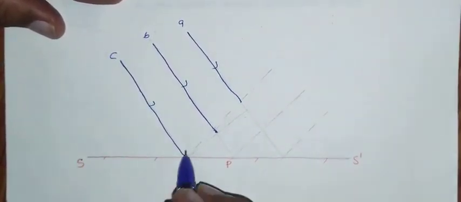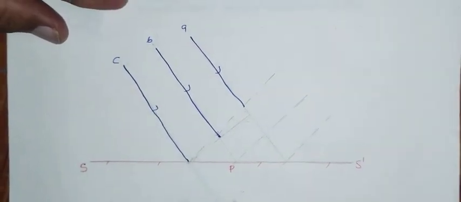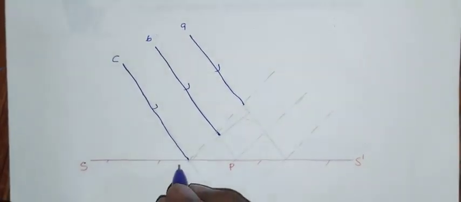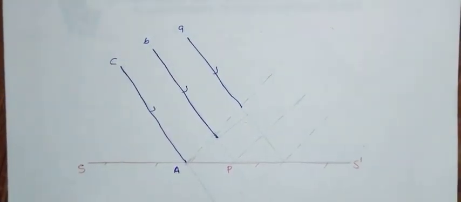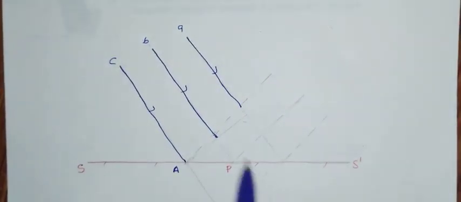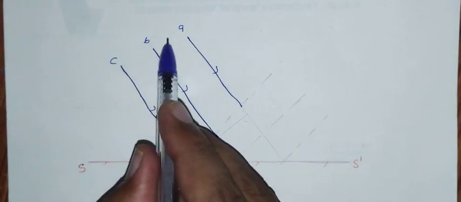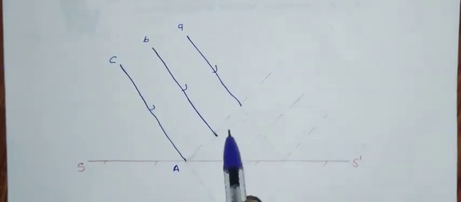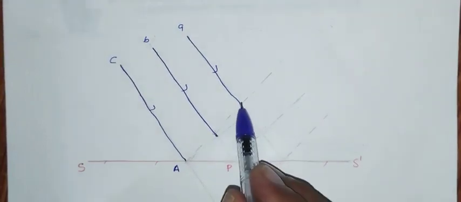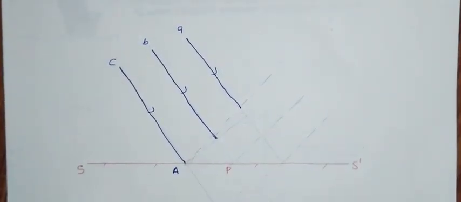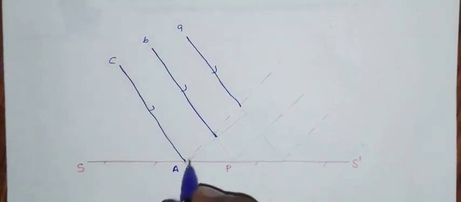When ray C strikes the reflecting surface S P S dash at point A here, then ray A and B are some distance away from here, right?